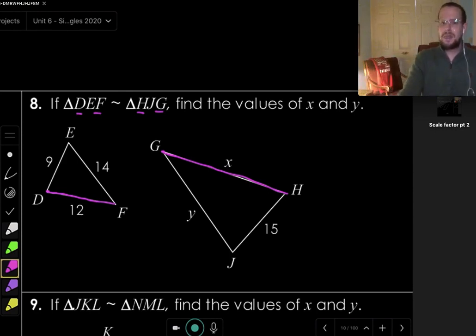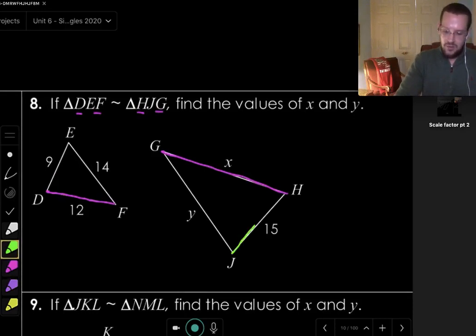Now first, let me just look at the difference between these two sides. DF is clearly smaller. So if I want to make the number 12 into a larger number, I'm going to have to find a fraction that's greater than 1. Why is that important? Because I want to make a ratio. I want to make a scale factor.